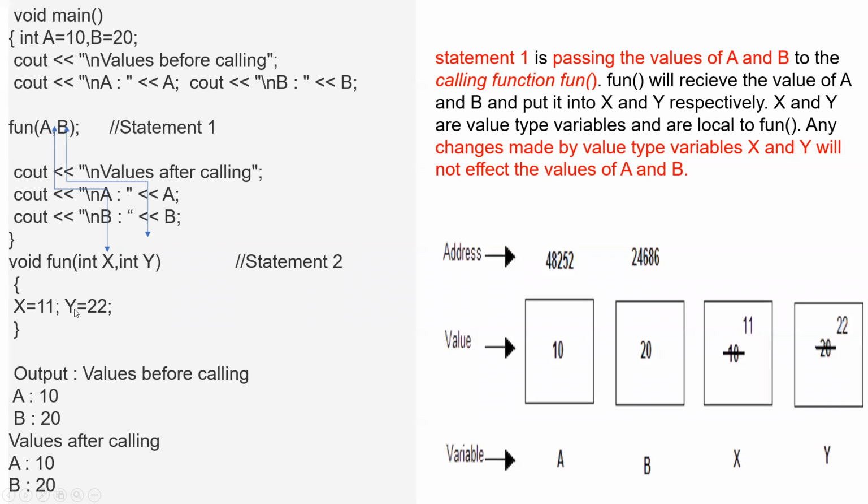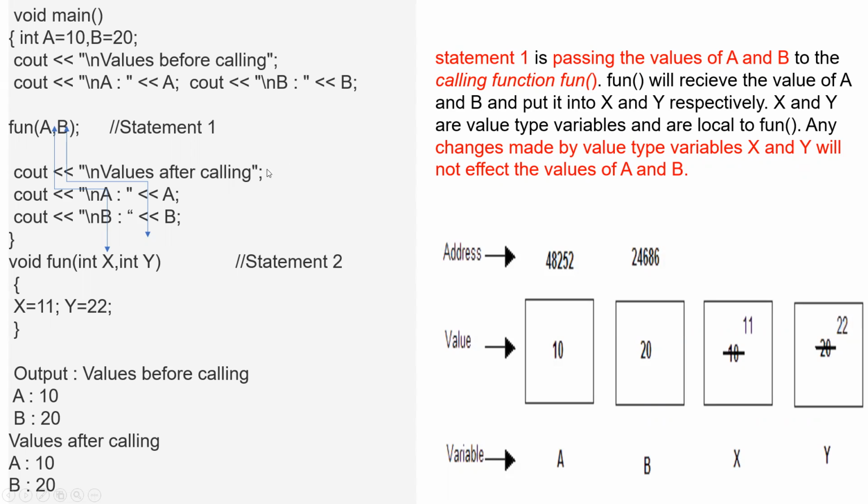But in the function, I give a new value to x and y, 11 and 22. Okay. So that means what? A and B, which were passing on their values to x and y as 10 and 20, have got new values as 11 and 22 inside the function. Now when I go back to the main program, where do I go?